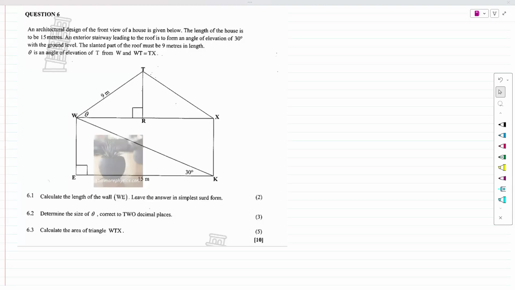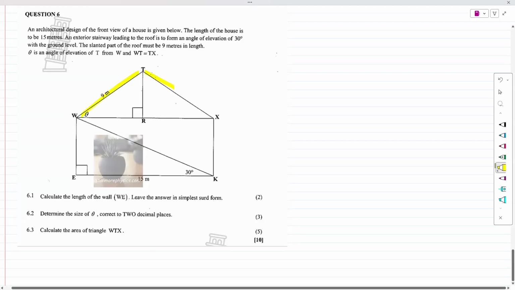The slanted part of the roof must be 9 meters. And there's a theta, T from W. Okay, cool. And WT equals TX. So the information that they gave us, firstly, is WT equals TX.